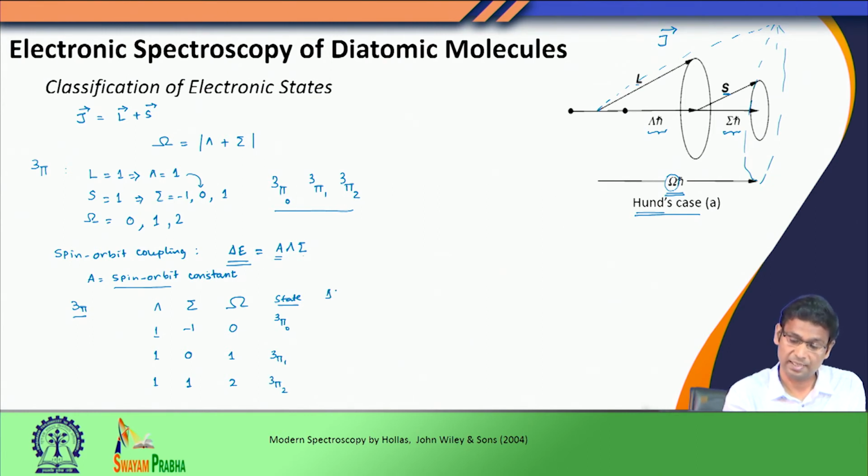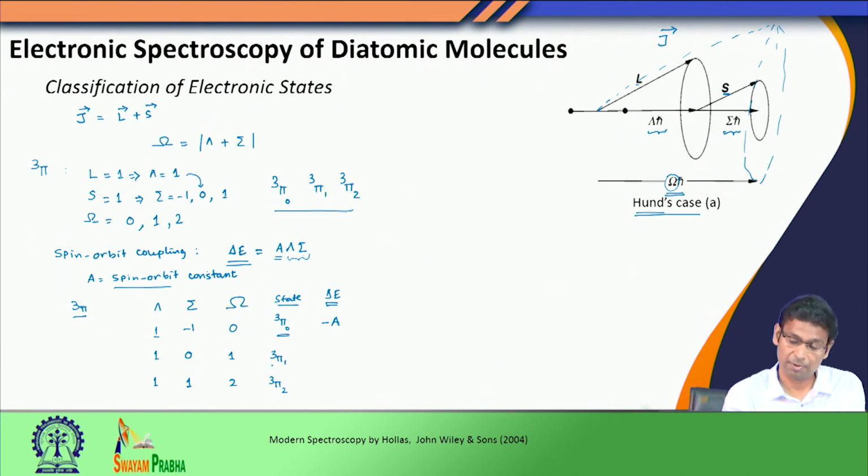Now, what will be the delta E for such a case? Assuming this spin-orbit coupling constant is a constant, we call it A. What would be the energy for triplet pi 0? The energy correction would be A lambda sigma. Lambda sigma is -1. Therefore, delta E is going to be -A for triplet pi 0.